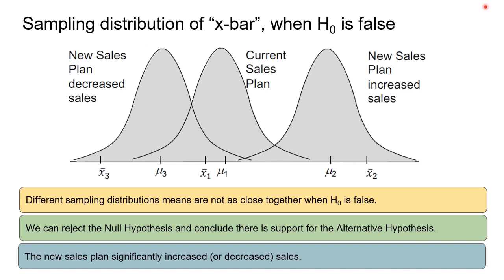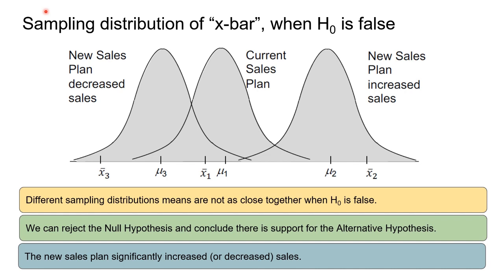So if the new sales plan increases sales significantly, we have a new population. The mean is so far away from the original mean that we can conclude that the sample came from a different population. In the alternative, the new plan decreased sales somewhat, right? The mean is a little bit lower than the current mean, but the difference is weak. And we know it's weak because there is very large overlap between the two distributions.